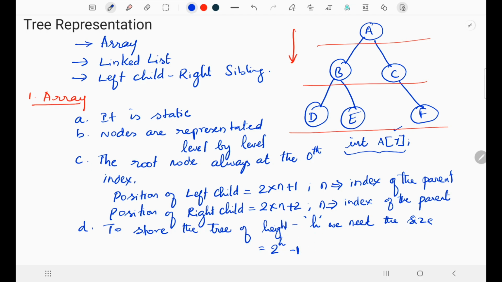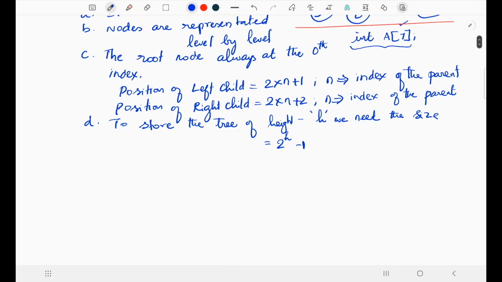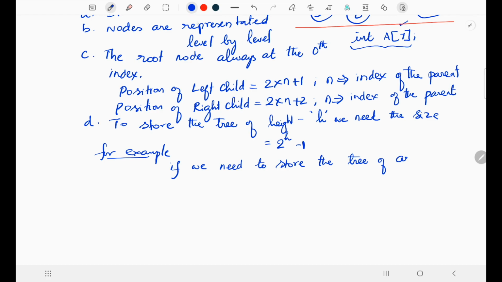Okay, so for example, if we need to store a tree of height 3, then what will be the maximum size of the array?